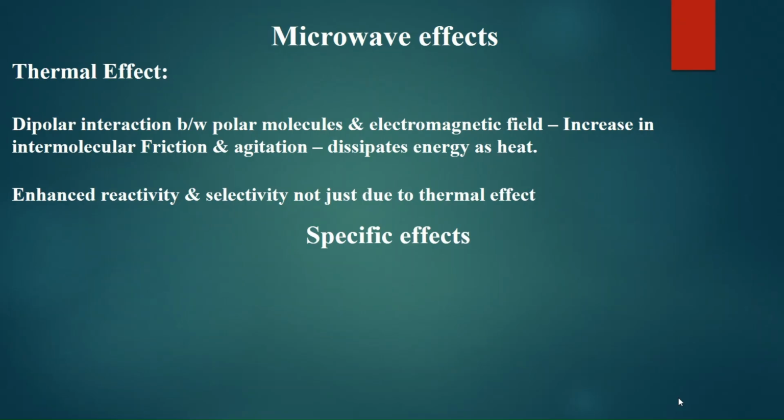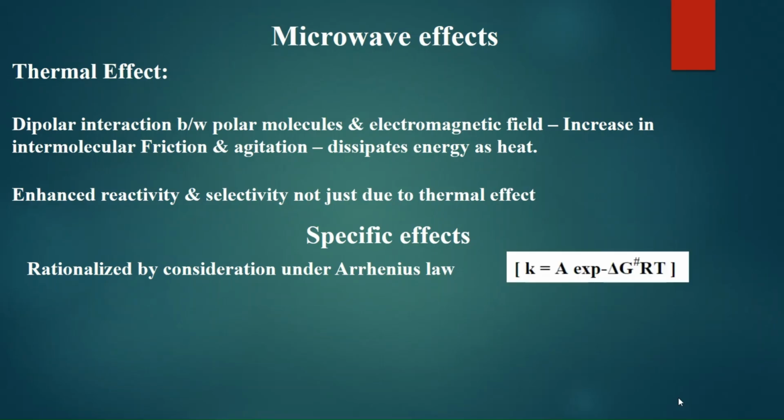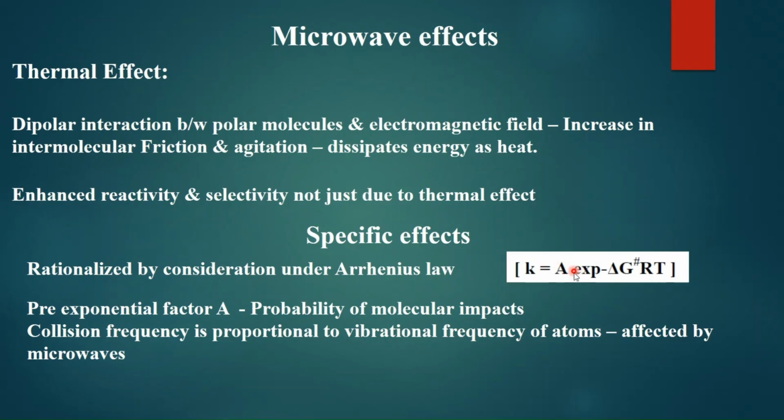The specific effect of thermal heating is explained by rationalizing the various factors of the Arrhenius law, which states that k is equal to A times exponential of minus delta G by R T. The pre-exponential factor A represents the probability of molecular impacts, which in turn is dependent upon the frequency of collision of the molecules.